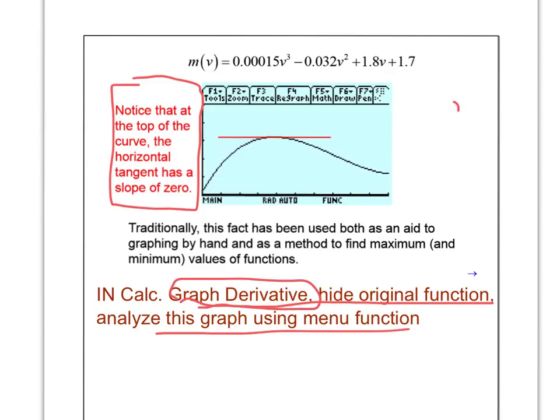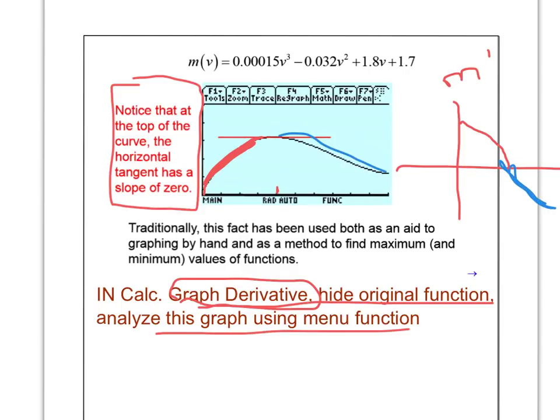But I can make a prediction about this derivative graph. If this is m prime, this part of the graph is increasing, so the derivative will have positive values until it gets to this maximum. Then the rest of this graph is decreasing, so that will be negative.